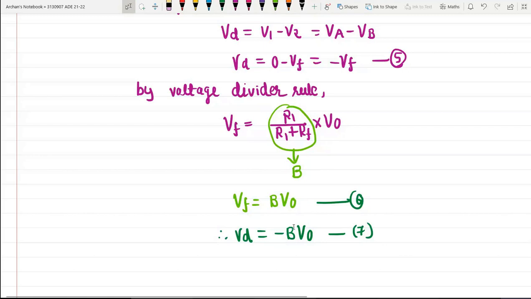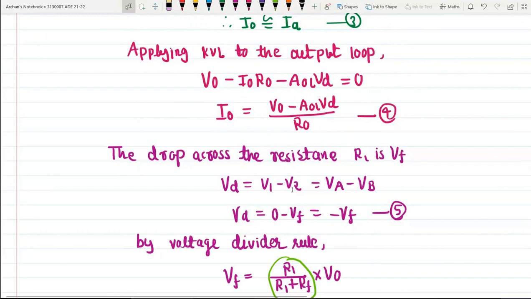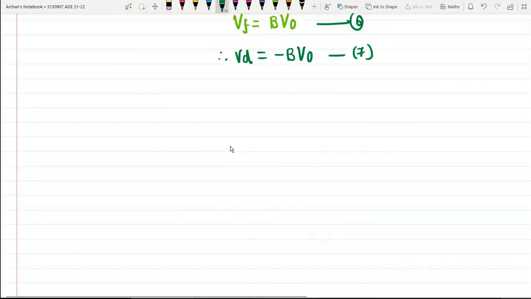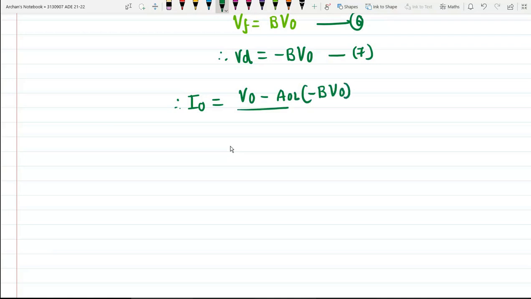Now putting this in the equation of I0, we have the value of Vd. So we will get I0 equal to (V0 minus AOL times Vd) divided by R0, but Vd is minus B V0.